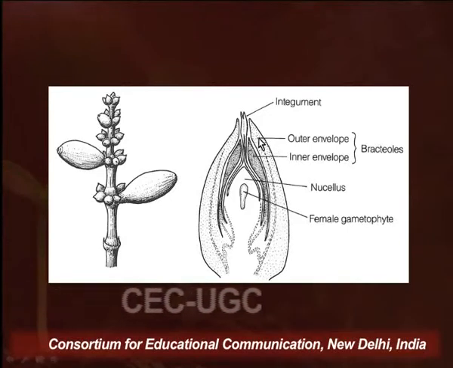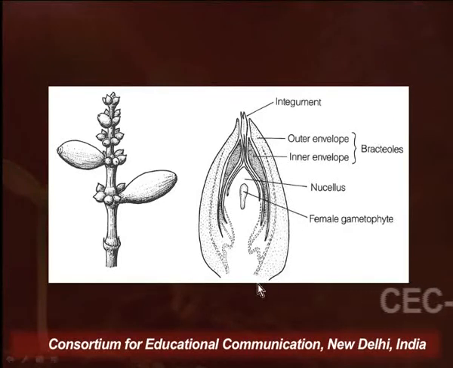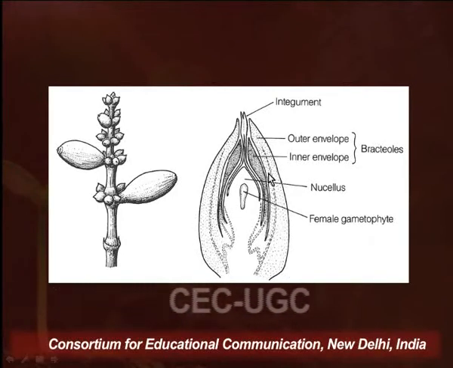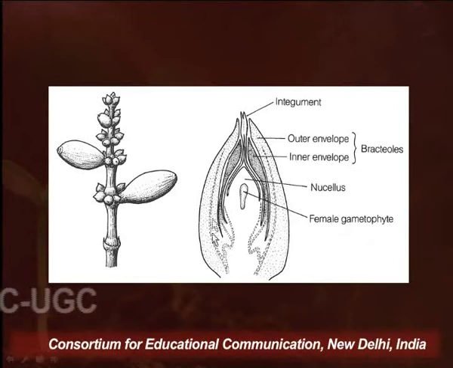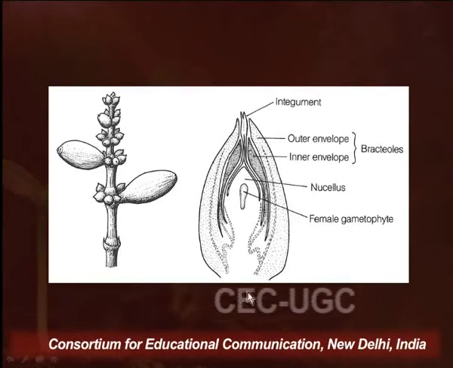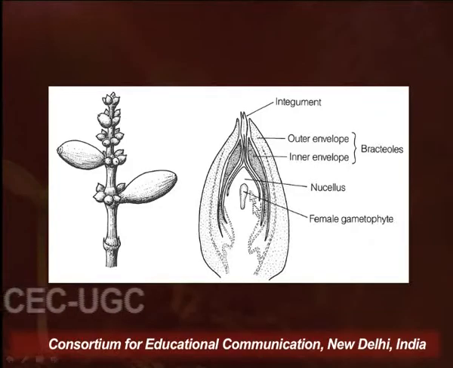The outer envelope is thick and fleshy, and it has two vascular supplies on opposite sides, and these vascular supplies then further branch out and give the nutritional and conducting facility to this entire outer envelope.